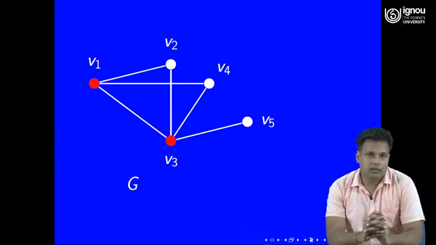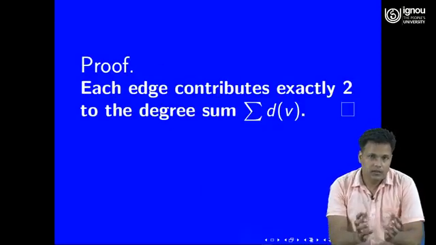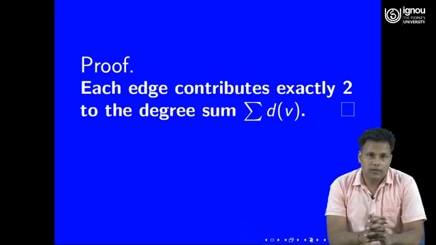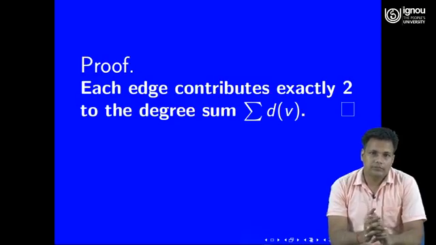So every edge is counted exactly twice. This means that if we sum all the vertex degrees, that quantity must be exactly twice the number of edges. So the proof is very simple. Each edge contributes exactly 2 to the degree sum, and hence the result.